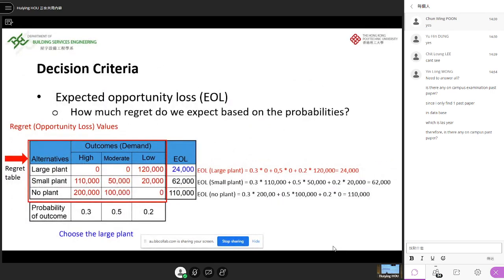The most important thing for calculating EOL is to develop the regret table. I think some students might have difficulties understanding the regret value or regret table.